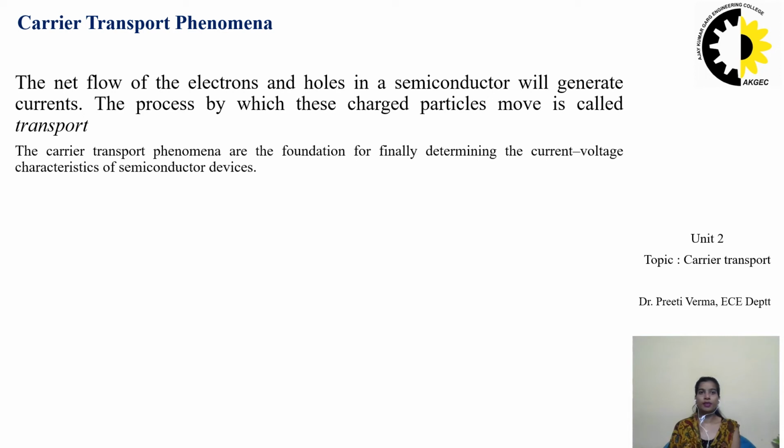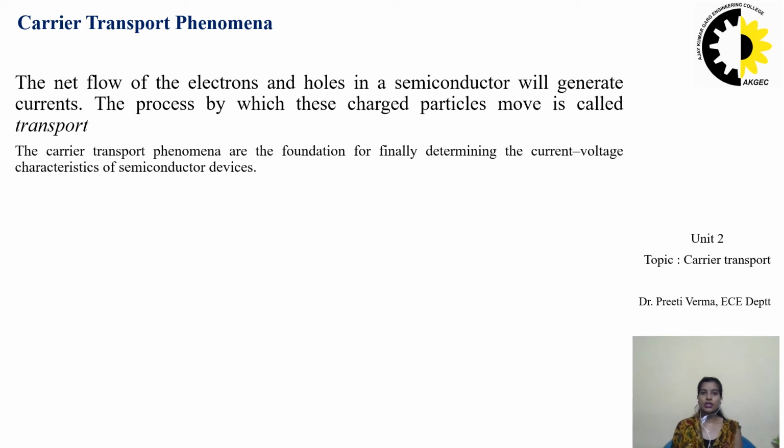Carrier transport phenomena: how we can study the transport of the carriers. The net flow of electrons and holes in the semiconductor will generate a current. The process by which these charge carriers move is called the transport of charge carriers.